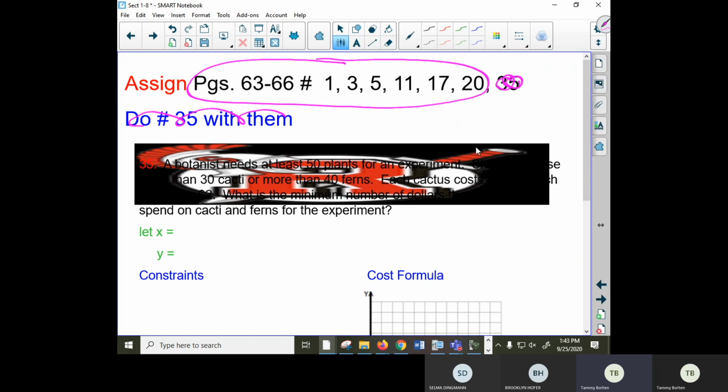Or gosh, I thought I took one of those off. Let me look in the book super quick. There's my book. You know what? Just do 3, 5, 11, 17.